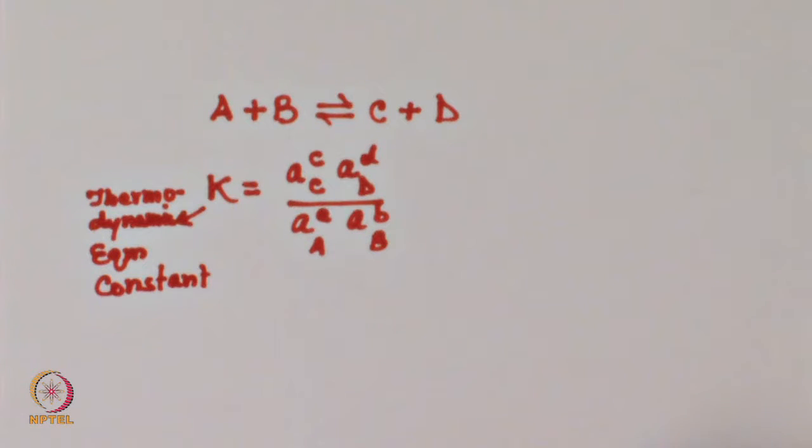And how do we measure the value of equilibrium constant in laboratory? Even if I take the same example that A plus B is reacting to form C plus D, in laboratory how will you determine the value of equilibrium constant? In the laboratory we do not directly determine the activities. When you prepare solutions, you usually prepare solutions in terms of molality or molarity or mole fraction.